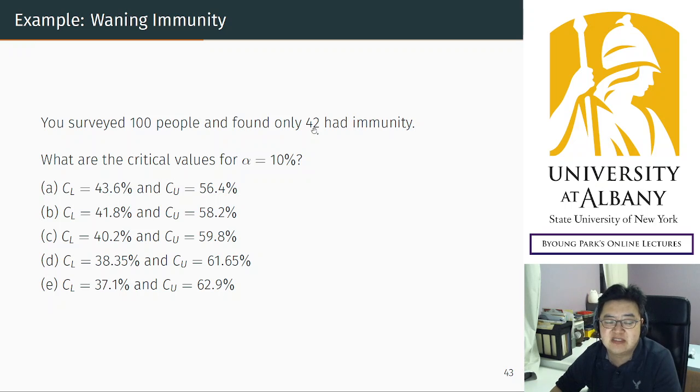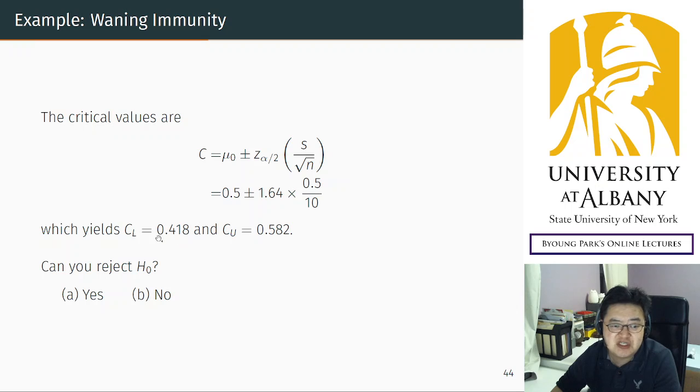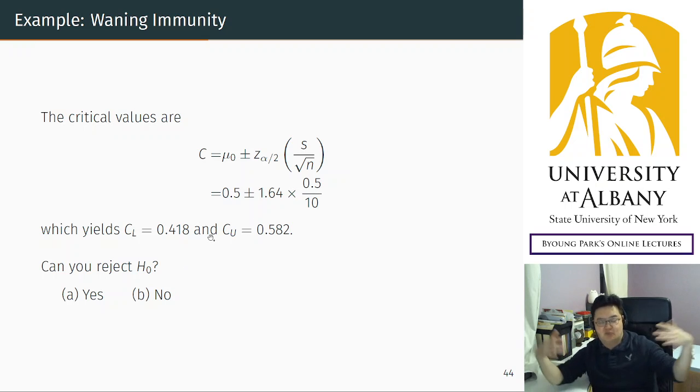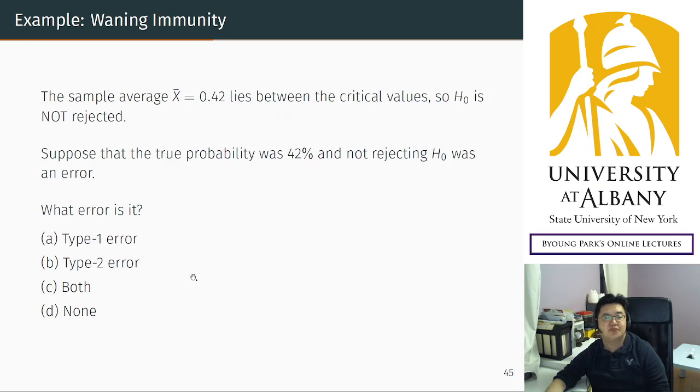The sample implies 42%, which is greater than the lower critical value. It's between those two, right? Therefore, you cannot reject the null hypothesis. So you allow plus minus 8.2%, but here 42% is within that margin. So you cannot reject. The answer is no.